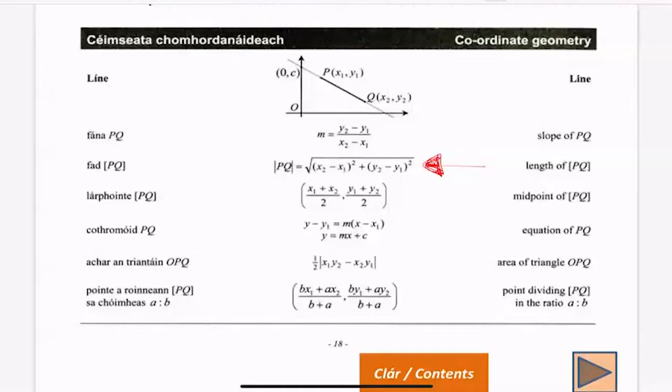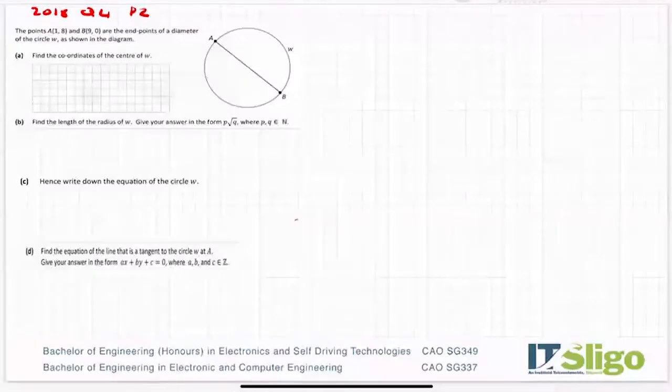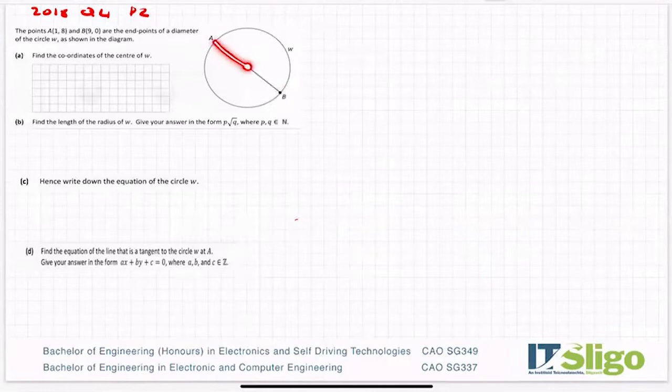What you'll find in the circle chapter is that you end up using this page, the coordinate geometry, the line page, a lot, because in the circle there are lots of lines. So that's a line. We use the midpoint to find the centre. The radius is a line, the length of the line between the centre out to the edge.